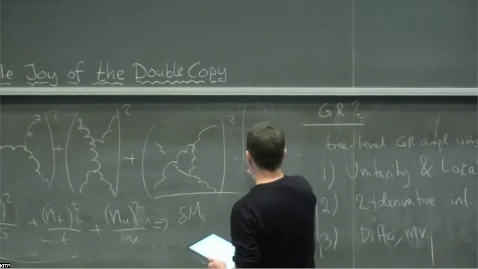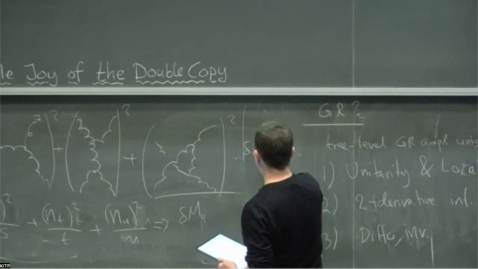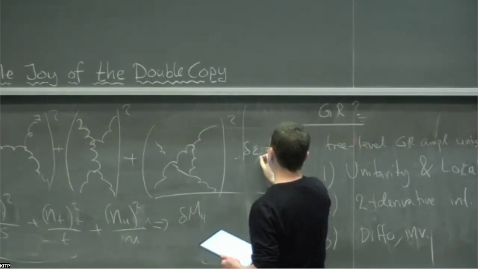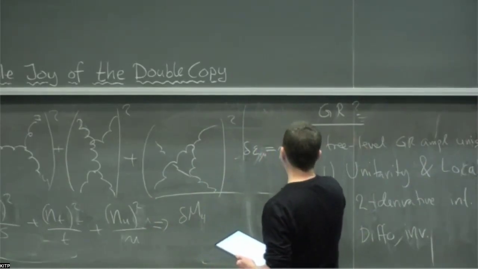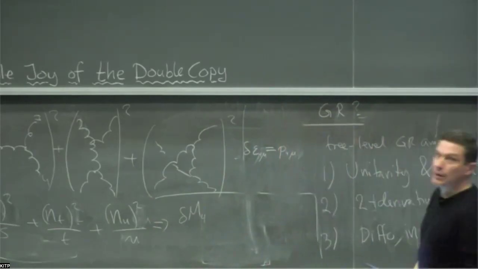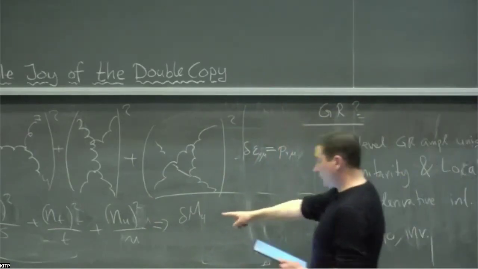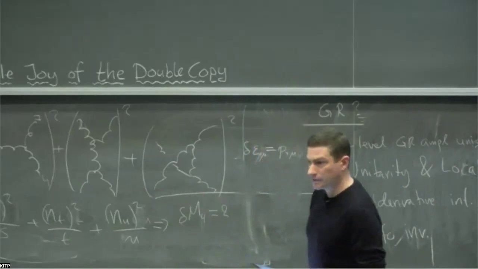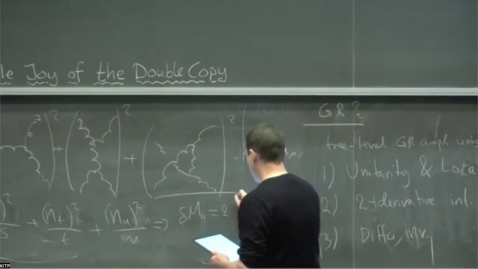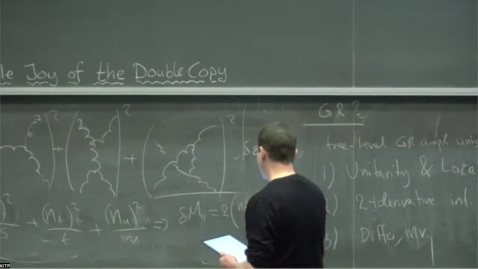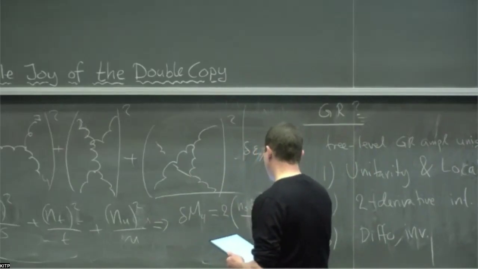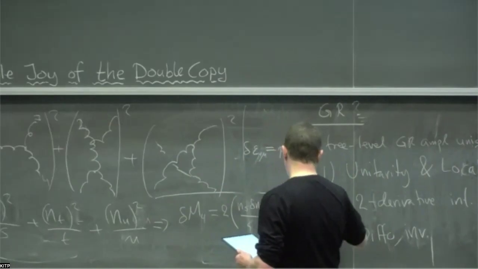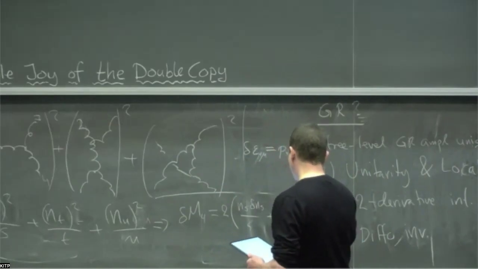So I'm going to define that delta acting on epsilon, I'm going to pick epsilon 4 of mu, just gives P4 of mu. Then I apply it to the amplitude, and I'm going to get a factor 2 because everything is quadratic in epsilon. But then I'm going to get n_s delta n_s over s plus permutations.